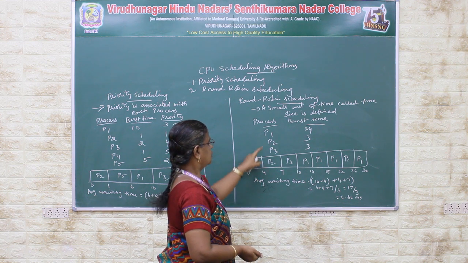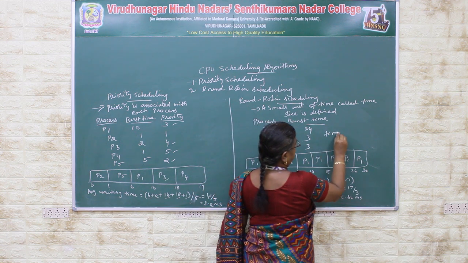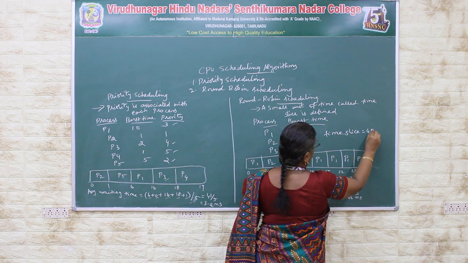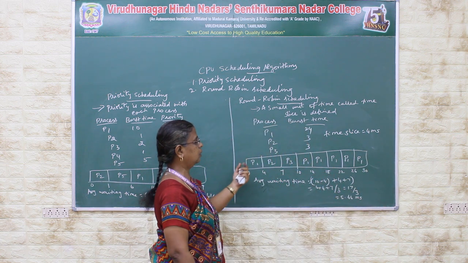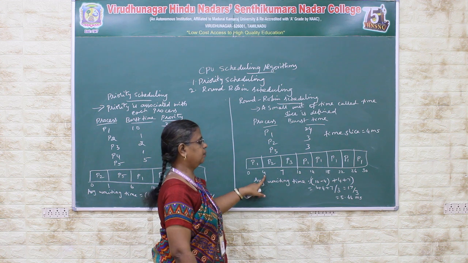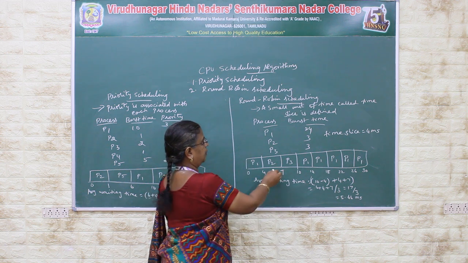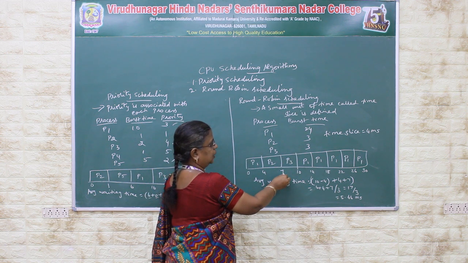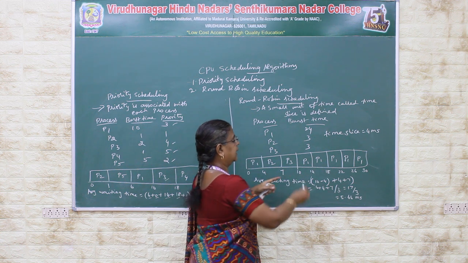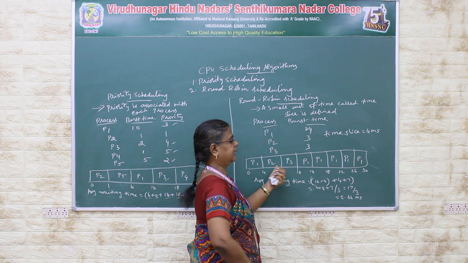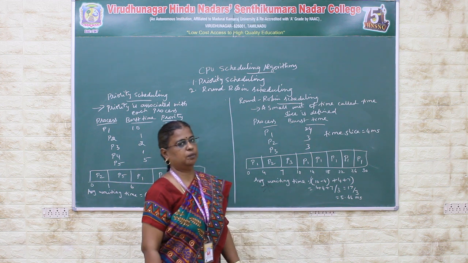Let us see the Gantt chart. Here the time slice is 4 milliseconds, so each process executes only for 4 milliseconds. The first process P1 executes for 4 milliseconds, then there will be an interrupt and it is preempted, and the next process P2 executes for 3 milliseconds. Next P3 executes for 3 milliseconds. After that P1 still has remaining time, so it executes 4 milliseconds at a time until 30, when it finishes.